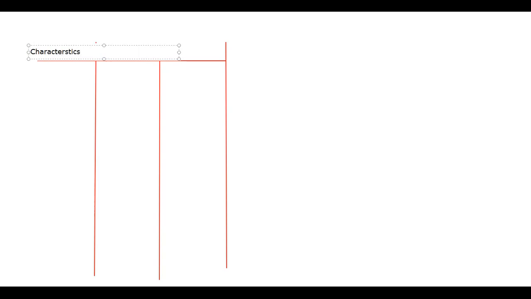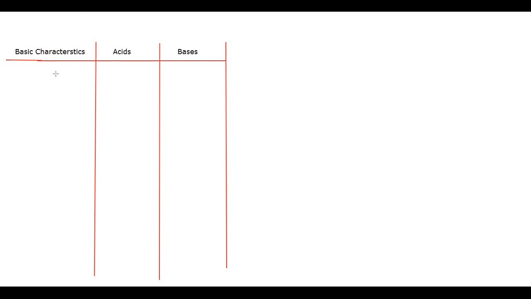Okay, basic characteristics of acids and bases. I'm using the term basic characteristics. I will start from the beginning, which will help you to understand the concepts.